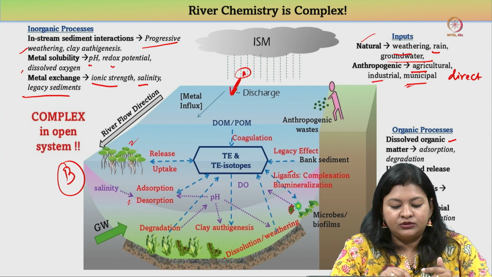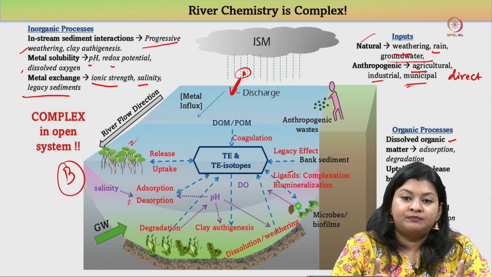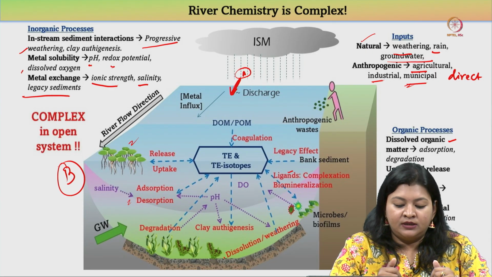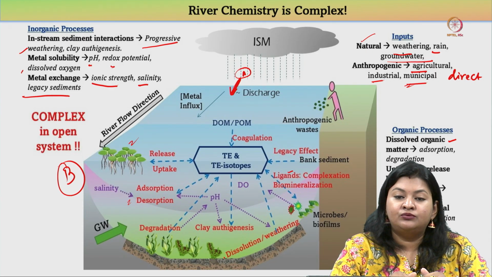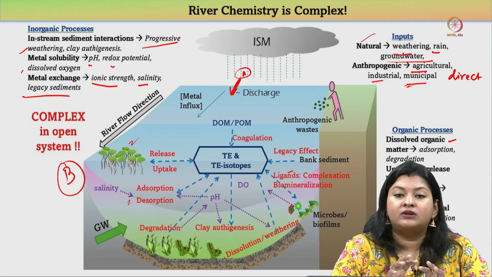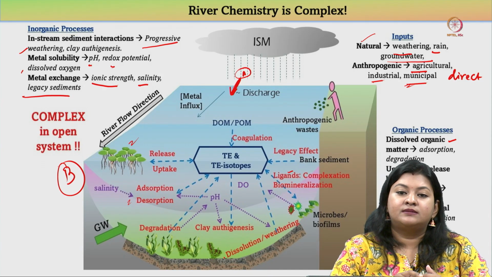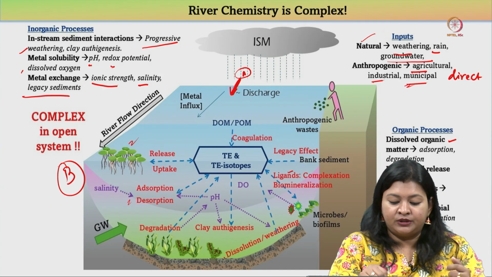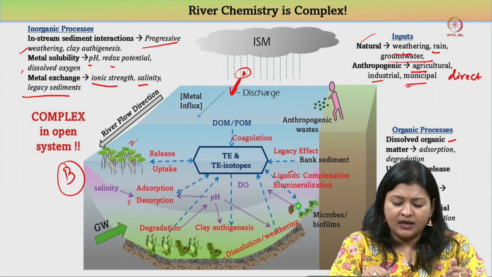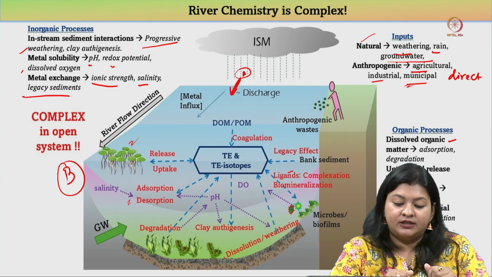If there is a problem of legacy pollution, we most likely would use our sediment data. We can use sequential extraction of sediments, and we can see which phase of the mineral is contributing more to a particular element, and how that is relating to the natural conditions.